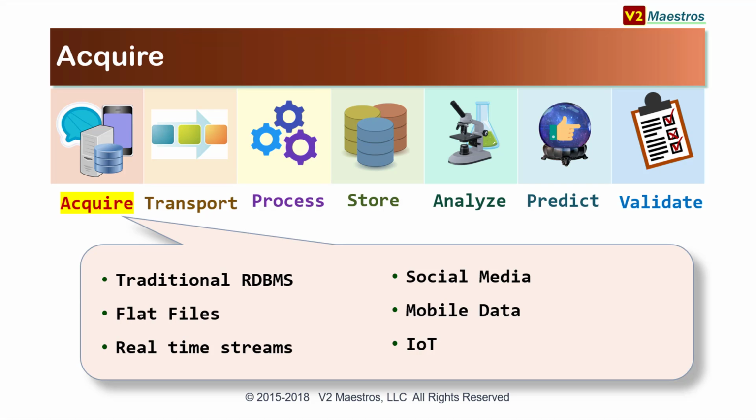We have data from IoT devices that need to be collected too. Acquiring data from these various sources requires building suitable connectors to these systems. These connectors work either in batch mode or real-time mode for data collection.